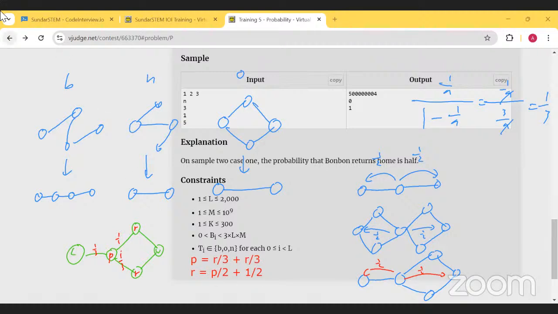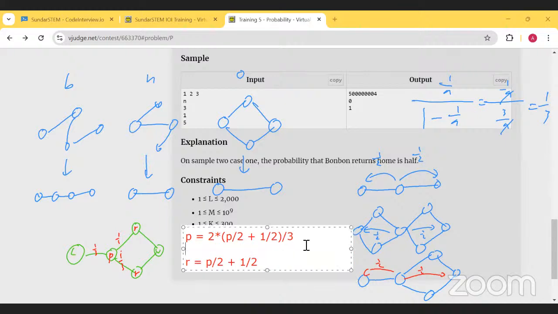Okay, so this is the formula. Then how to solve it? We can just substitute here because all of them is R divided by 3, so we can just multiply by 2. And what is R? R is equal to this. Then just solve it. We can move it to the left side, and then we can cancel 2 and 2 here.